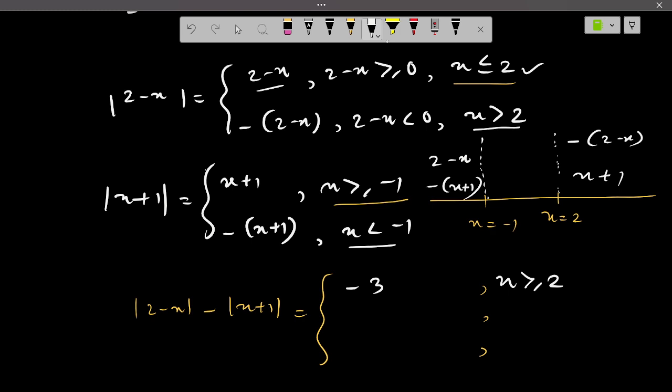So let me write it down everything here: 2 minus x, and minus of minus will become plus, it will be x plus 1. So x cancels out. Ultimately what we are getting here is 3. I hope the explanation is clear, because right now it is important to understand. So this is 3 and the condition is x is lesser than minus 1.